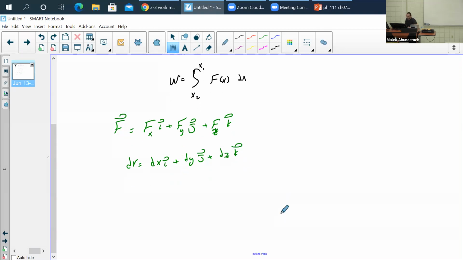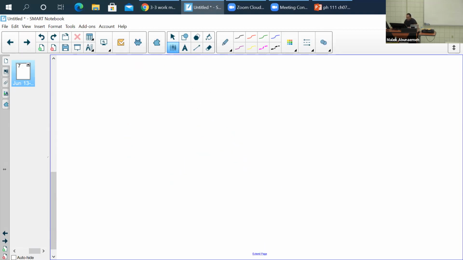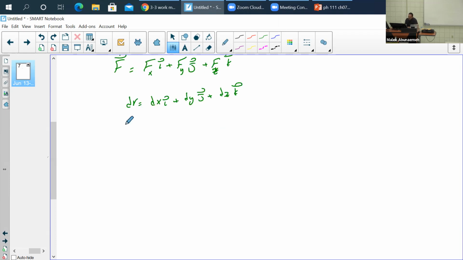Well, looking at the integration of dW, which is going to be F dot dr, this one dot this one, you're going to have Fx dx plus Fy dy plus Fz dz. And again, we went through the dot product in the third chapter.